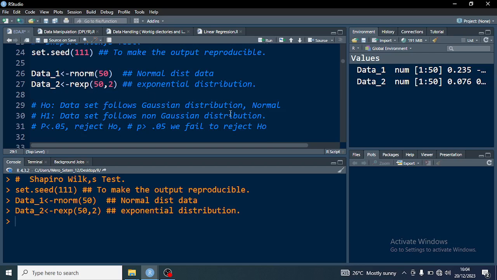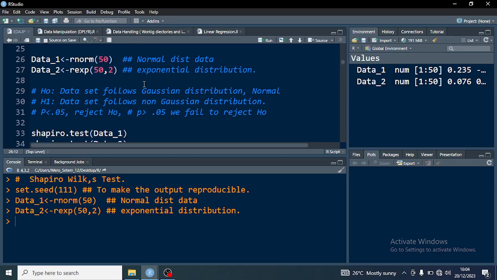So I want to test if these two data sets follow a normal distribution or not. Definitely the first data follows a normal distribution, because it was created using rnorm, and rexp does not follow the normal distribution because it's an exponential, but we want to test it significantly at the 95% confidence level.